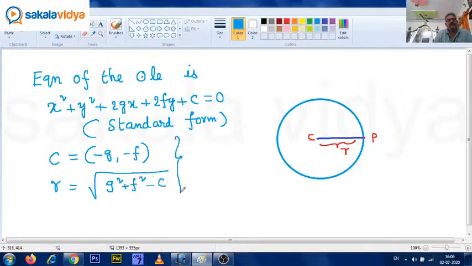These are very important points regarding the circle. Understood now? Generally this is denoted by S is equal to 0 also. This S means, once again you remember, x square plus y square plus 2gx plus 2fy plus c.